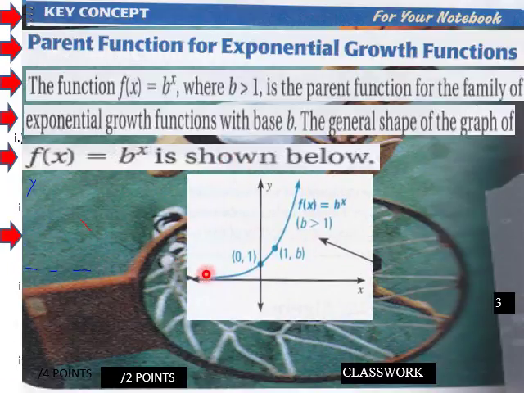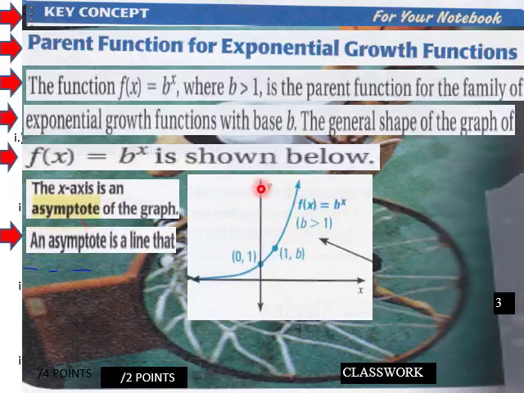So here is your parent exponential here. F of x equals b to the x, b is greater than 1. And then here is your y intercept right here when x equals 0, y equals 1, and then onward.